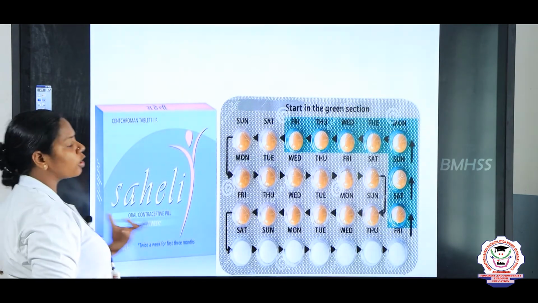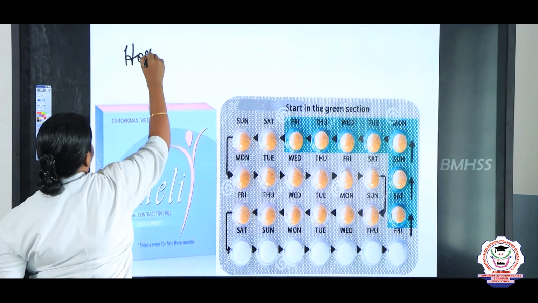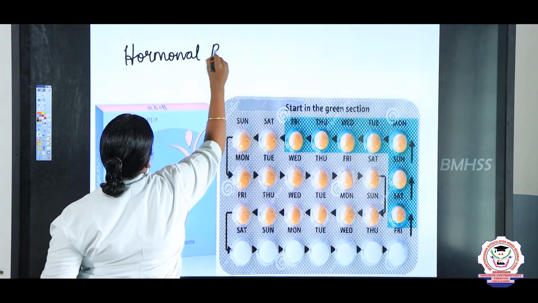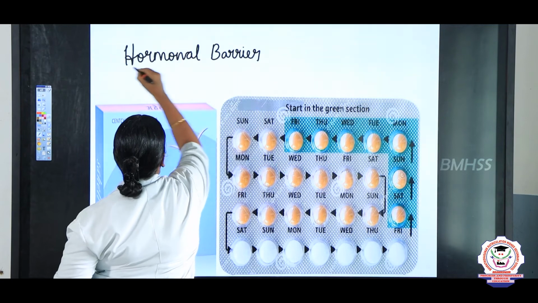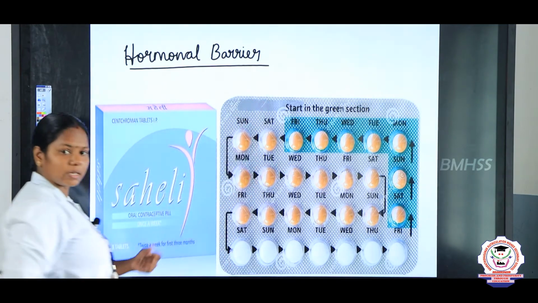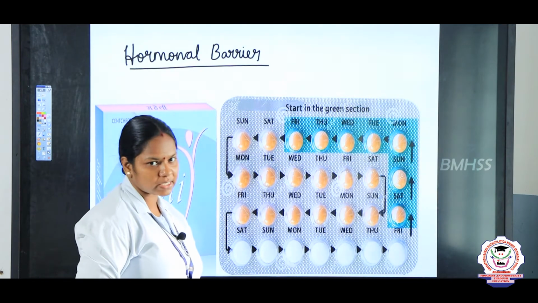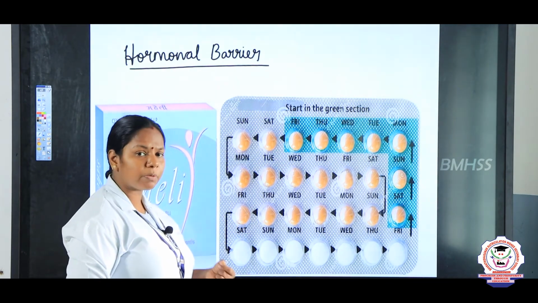Next one is the hormonal barriers. It is used by the female as oral contraceptives, as tablets, to prevent fertilization. Here it is mostly the combined pill. What do you mean by combined?